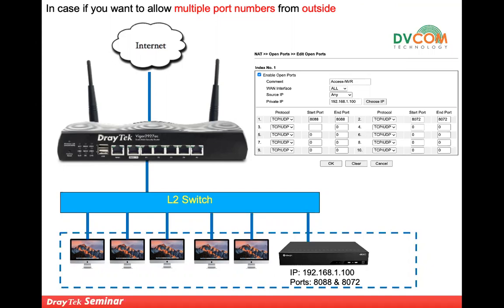Just go to the NAT section and click on open ports. In the edit open ports, type the IP address of that server or device, and then open whatever ports you want. In my scenario, port number 8088 and port number 8072. So these two ports I'm going to open for 192.168.1.100. Similarly, as per your requirement, you can open multiple ports.